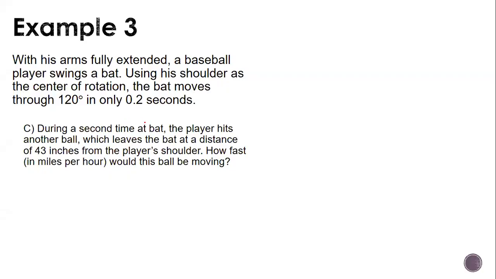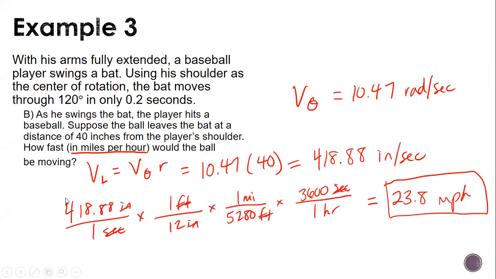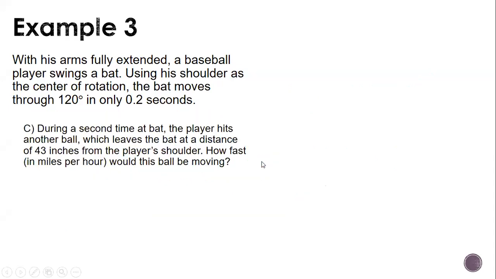It's going to get faster eventually with this. Here we go. So you should have done exactly what we did on example 3B, right? The only difference is that instead of 40, it changed into a 43. So your linear velocity here equals 43 now, still the same speed. And you plugged it in and you should have gotten 450.2.